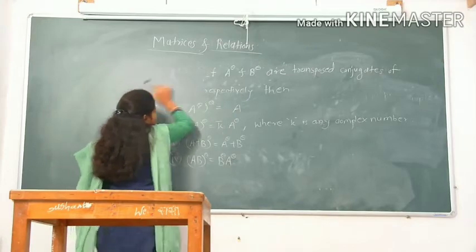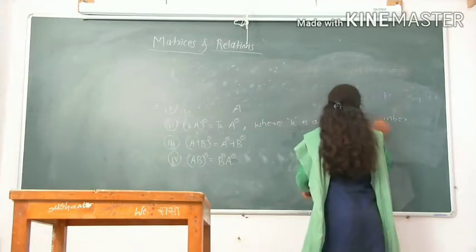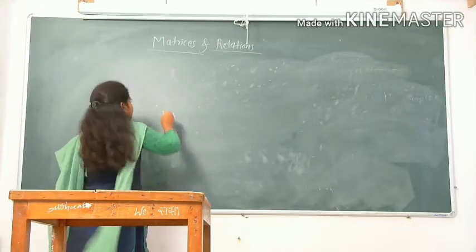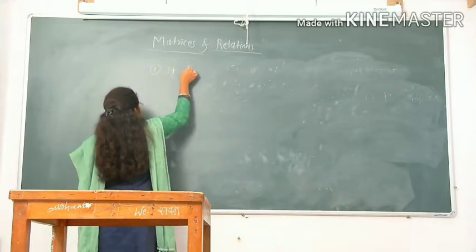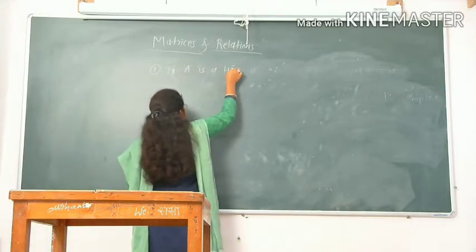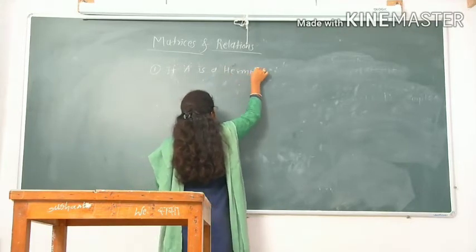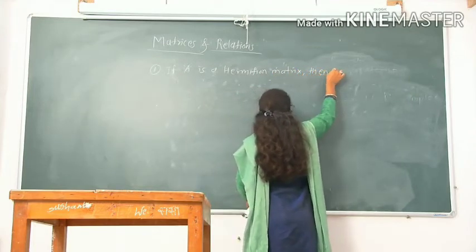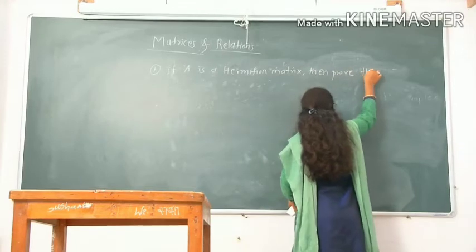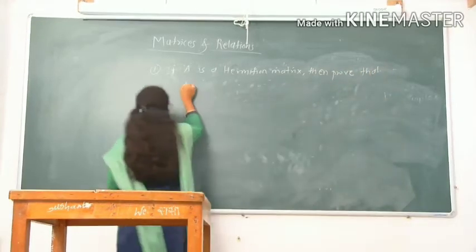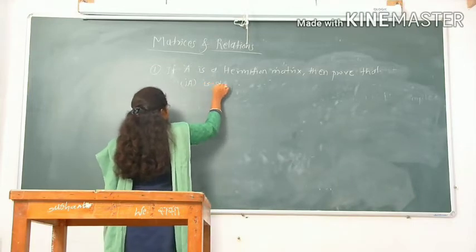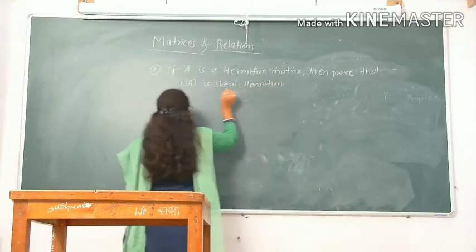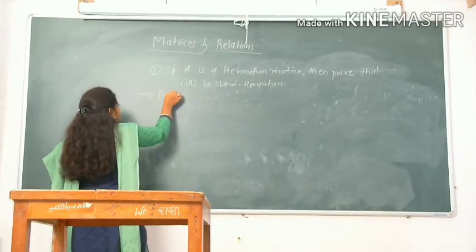So let us see examples on Hermitian and skew Hermitian matrices. First example: if A is a Hermitian matrix, then prove that iA is skew Hermitian.